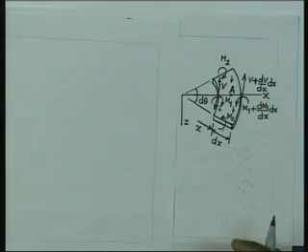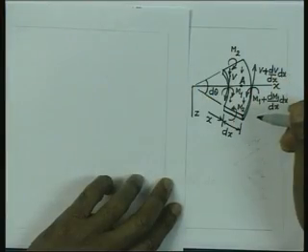So, now if these are the forces acting on the plate element, it must be in equilibrium, and let us see what we get by considering the equilibrium of this element under the action of the various forces. So, we have got all the forces acting on the element.